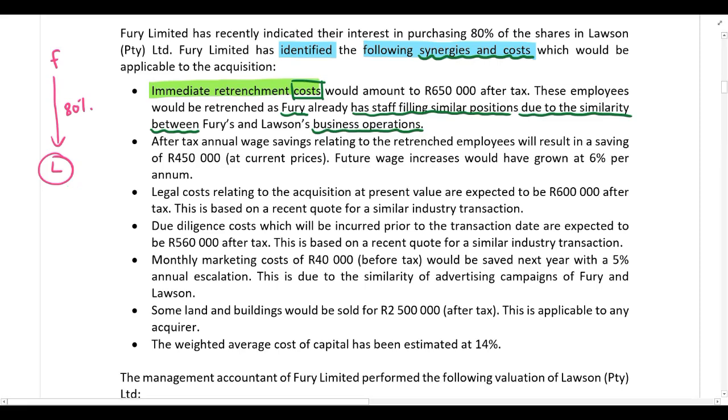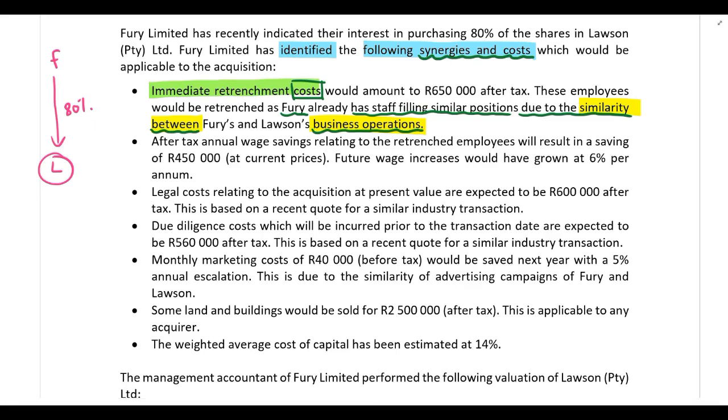So, you tell me, is this a general cost or a specific or unique cost? Look at what you were told. The reason why they are going to incur this cost is because Fury already has staff filling similar positions, and this is due to the similarity between their business operations.